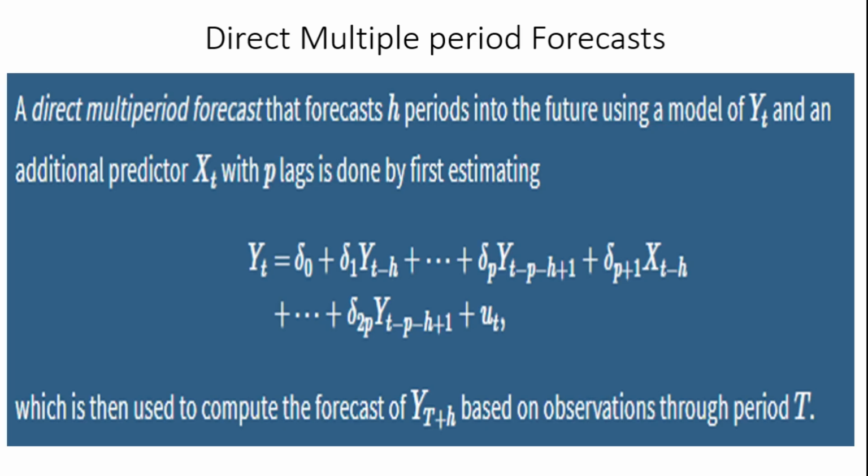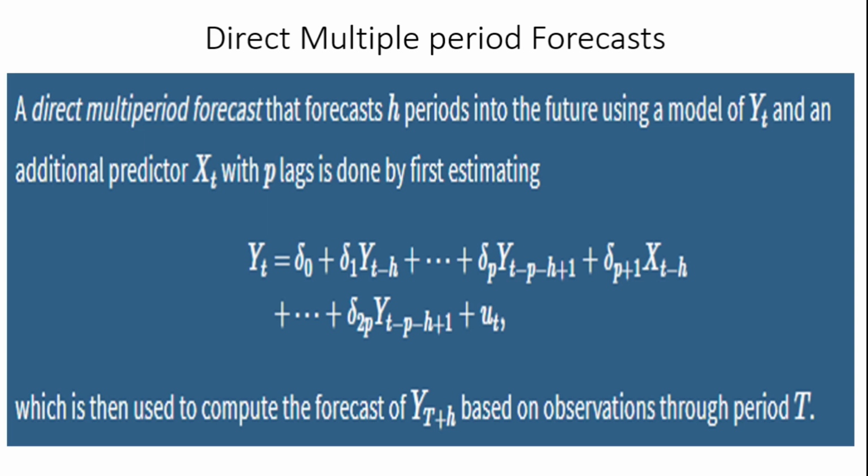is used in a direct multi-period forecast that forecasts each period into the future using a model of YT and an additional predictor XT with p lags.